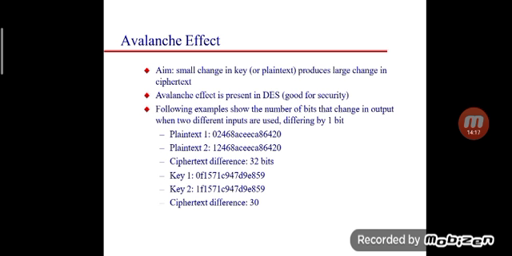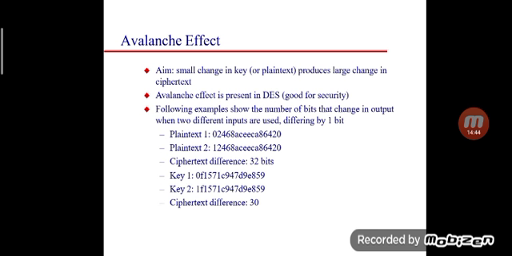For that we can consider one example of how the plain text is changed by one bit, and the resulting change in the ciphertext. Similarly, if there is a change of one bit in the key, what is the effect on the ciphertext. For that we can consider two plain texts, plain text 1 and plain text 2.